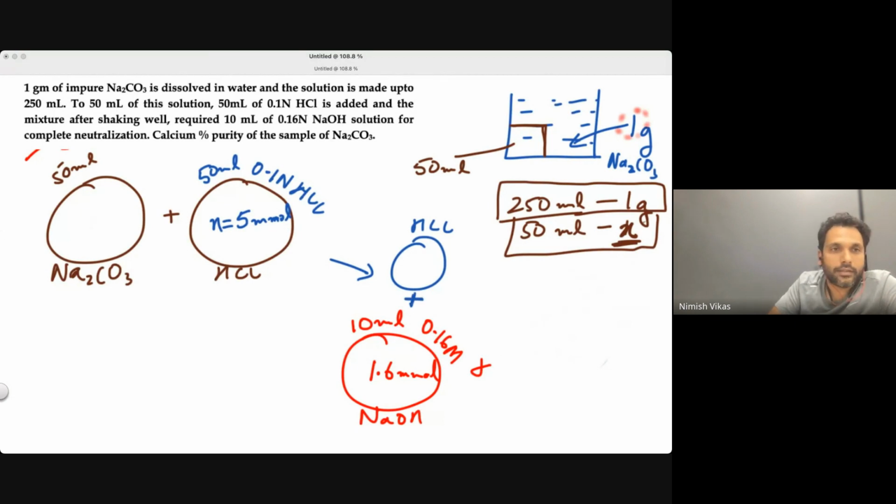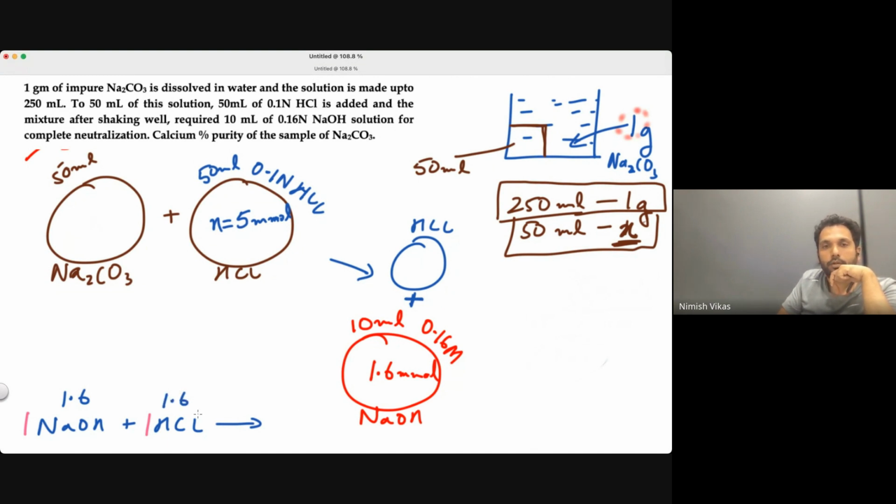So in a reaction, if I know one, I know the other. I'll just write a reaction for myself. NaOH is reacting with HCl. Right, guys? I know NaOH, how much? 1.6. I know the balancing. What is the balancing? One NaOH reacts with one HCl. So 1.6 must have reacted with 1.6 millimoles of HCl.